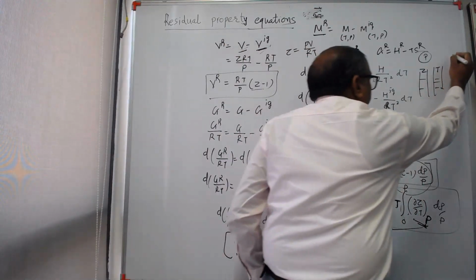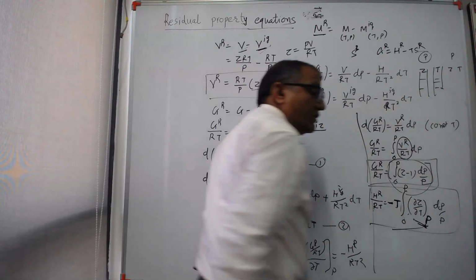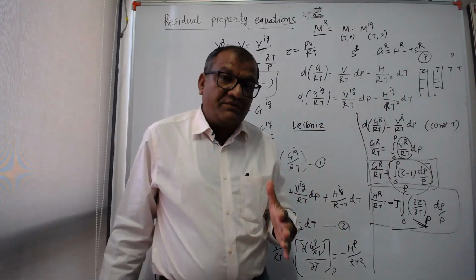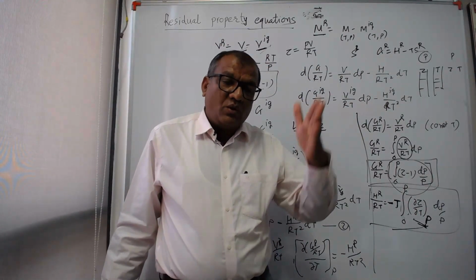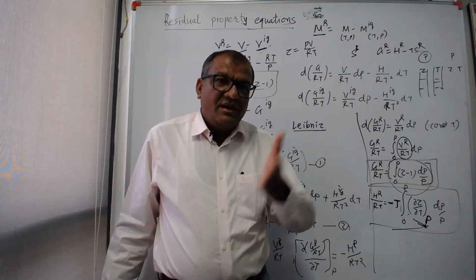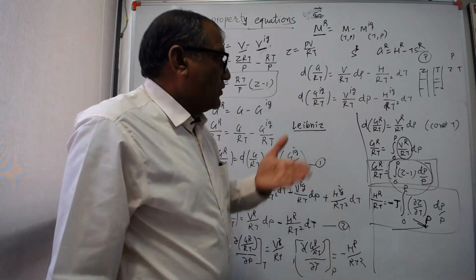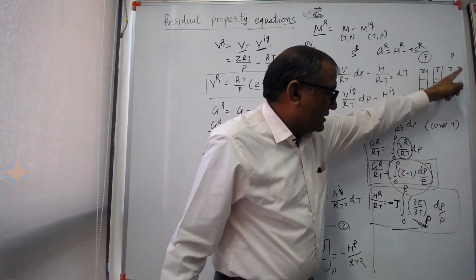At another pressure, again the values of Z and temperature would be different. So again you plot another Z versus T and find the slope of that curve, and again you have another value.